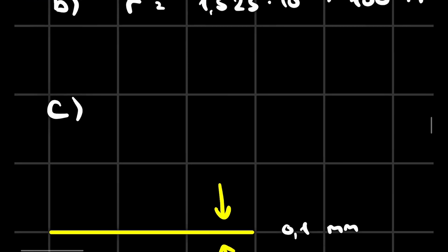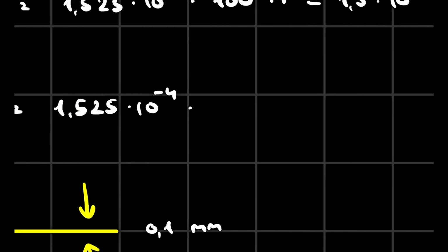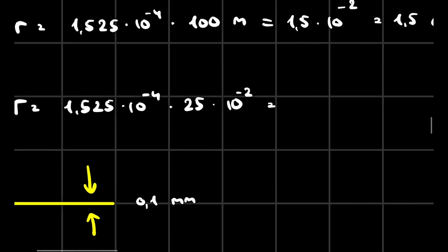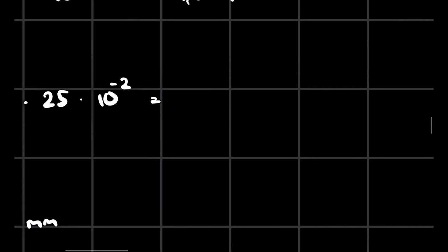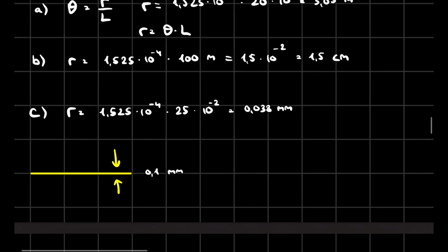The next thing for C, let's use the very same thing. Our theta, which is 1.525 times 10 to the power of minus 4, multiplied by 25 centimeters, which is 10 to the power of minus 2, then we would have an answer of about 0.038 millimeters. What does it mean?